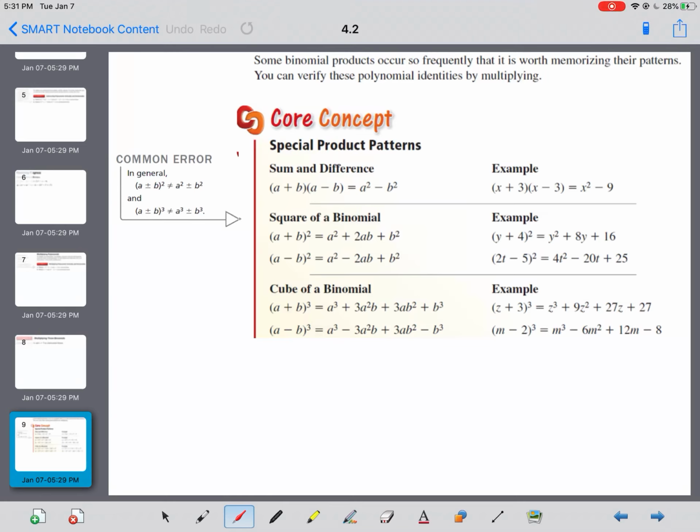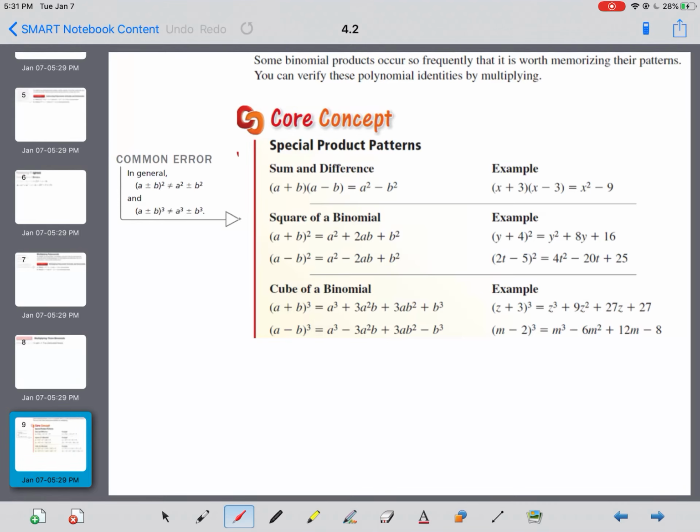The square of a binomial, we know this one. This is a perfect square trinomial quadratic. Something squared plus 2 times the square roots times each other plus the last thing squared. We reversed it. So if we have y plus 4 squared, or y plus 4 times y plus 4, the first thing is squared, so we square the y, we get y squared. We take them times each other, y times 4 is 4y, times 2 is 8y, and then we square the last thing. 4 squared is 16.